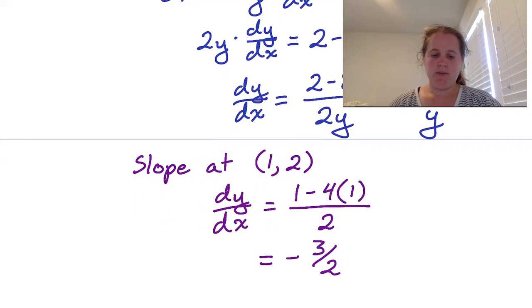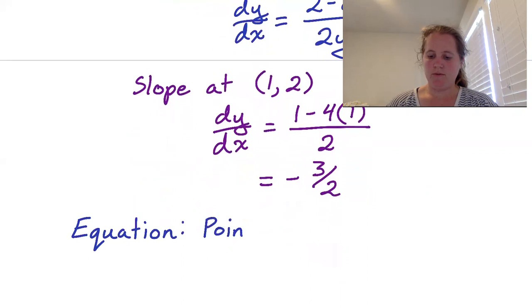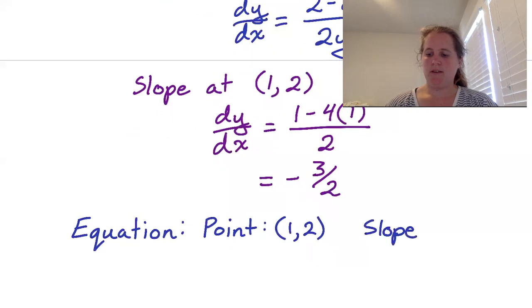At this point, we have our point and slope, and we can go ahead and write the equation for our line. So for our equation, again, we have a point of 1, 2, and a slope equal to negative 3 halves.